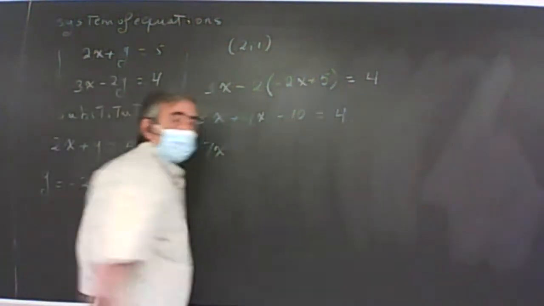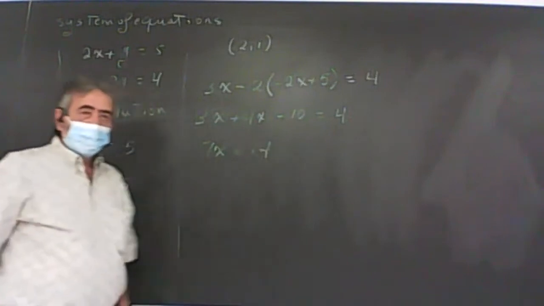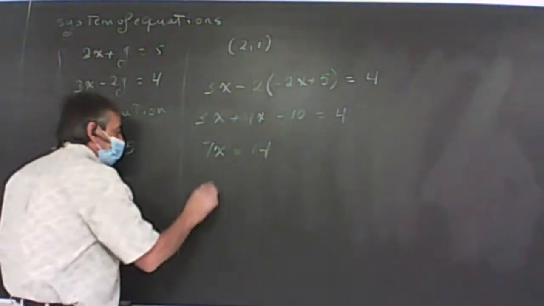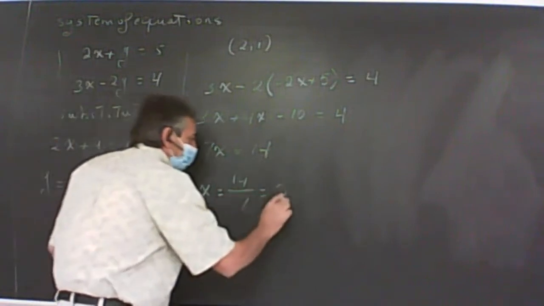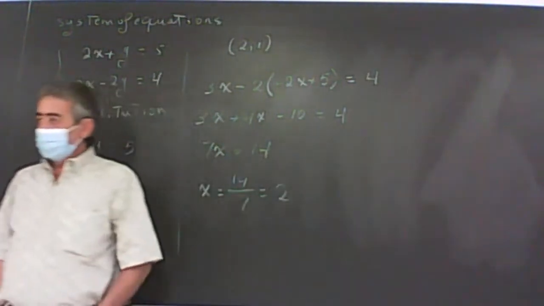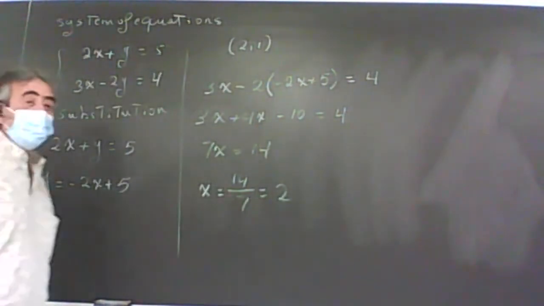I can bring the 10 to the other side, equal 14. So x equal 14 divided by 7, which is 2. So we got 2 already.